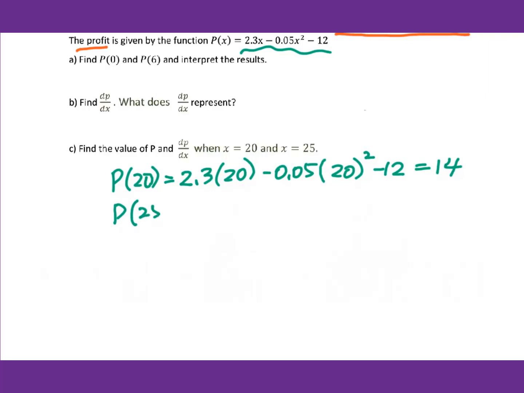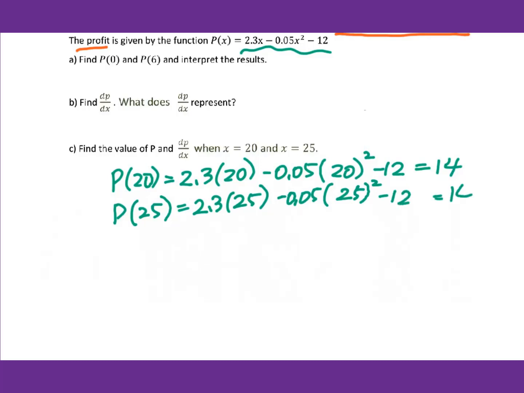P of 25, you will get 2.3 times 25 minus 0.05 times 25 squared minus 12 equals 14.25.